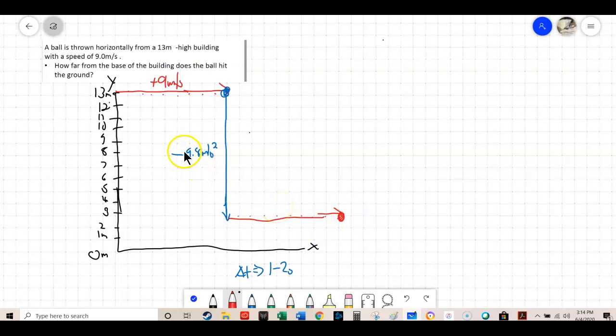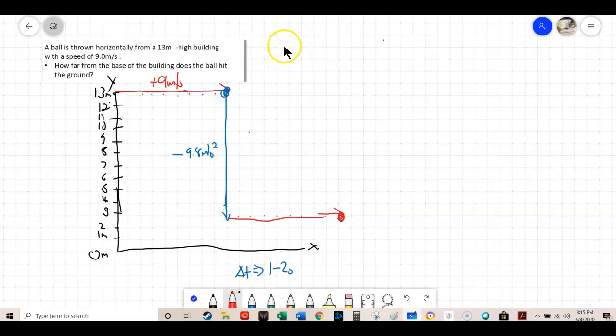So this is adding negative 9.8 meters per second to this first second, right? It's not going to take much for it to hit the ground, right?